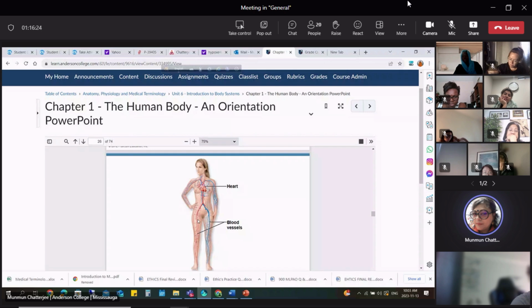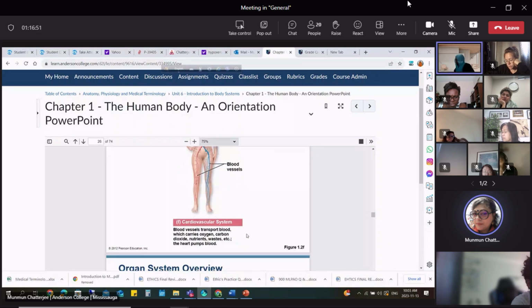So you can see red and blue, these are both blood vessels. Bright red we call the arterial system and the blue one we call the venous system. And this is the heart. The arterial blood is a little bit brighter red, whereas the venous blood is a little bit darker red, because arterial blood has the oxygen, which gives it more brightness, and venous blood has the carbon dioxide.